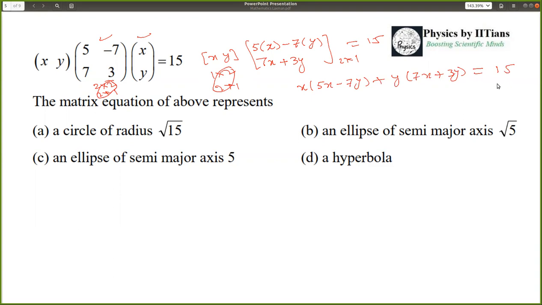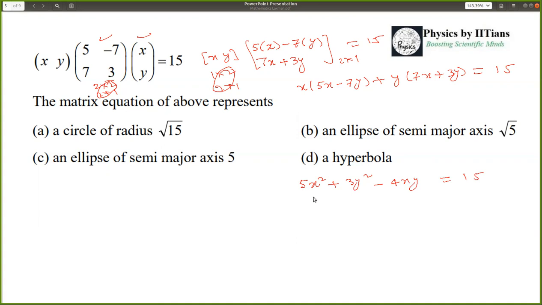Now you can simplify this expression. So this will be 5x square, and 3y square, and minus 7xy and plus 7xy, and 3xy, so this will be minus 4xy is equal to 15 here.